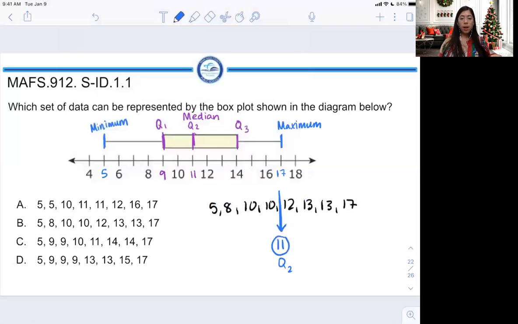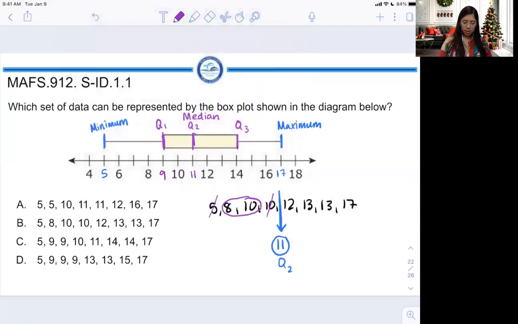Well, Q1 is the median of the left half. So I'm going to look at everything to the left, so all of these numbers, and find the median of those, which we already know we can do, right? We're finding the median. So it's going to be between 8 and 10.